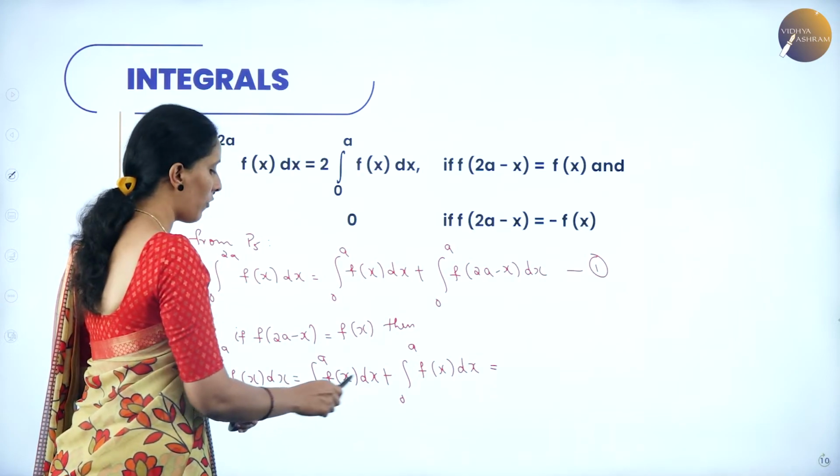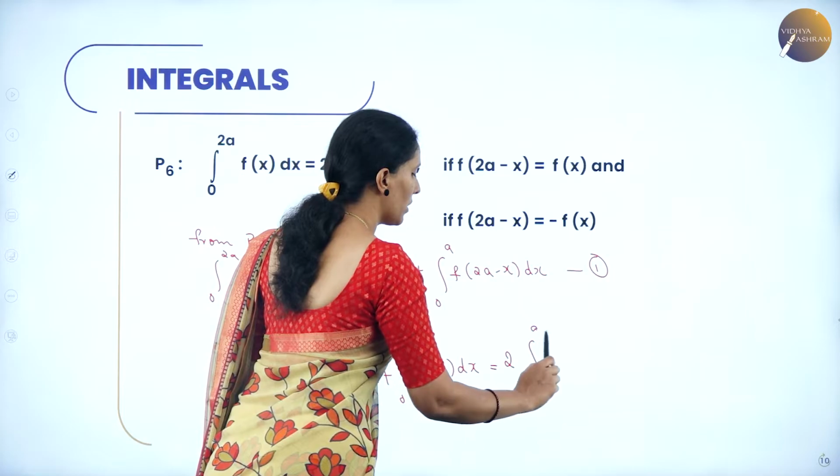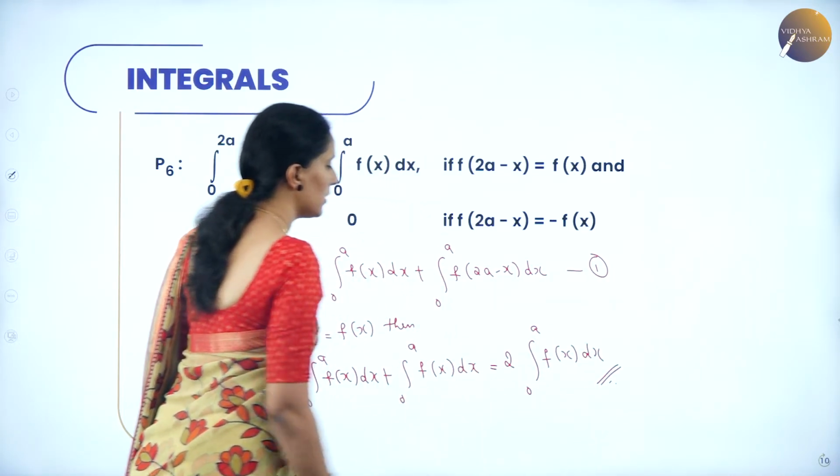So 0 to a f of x dx plus 0 to a f of x dx becomes 2 times 0 to a f of x dx. So this is done.